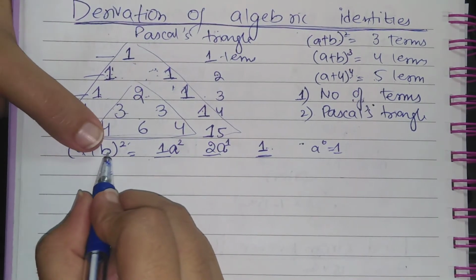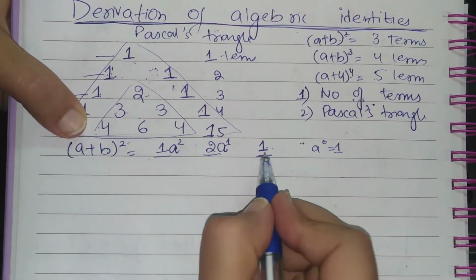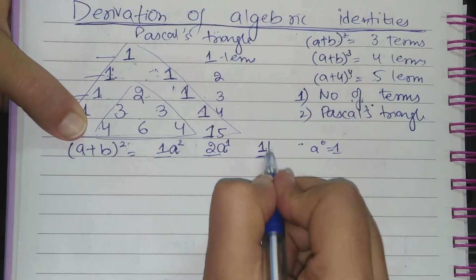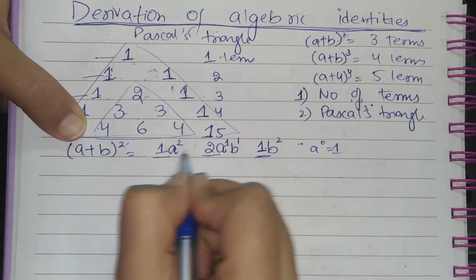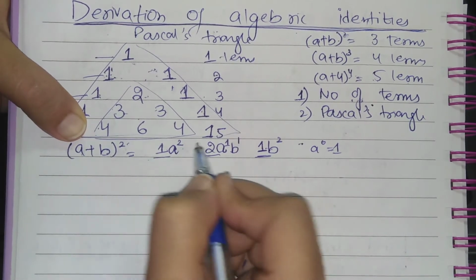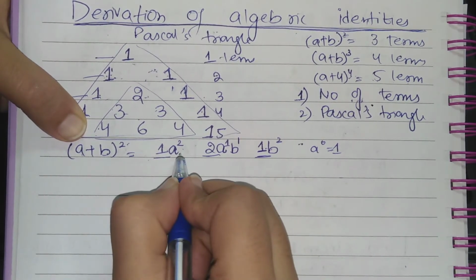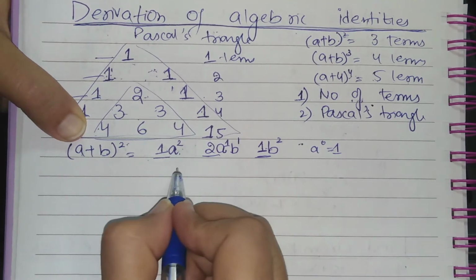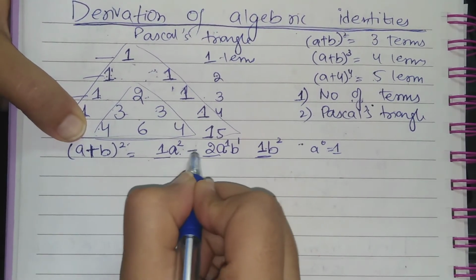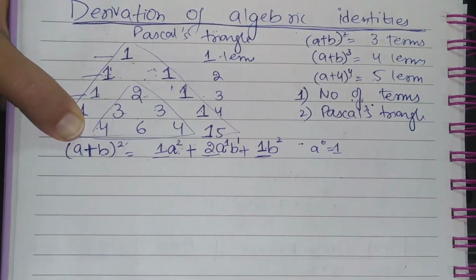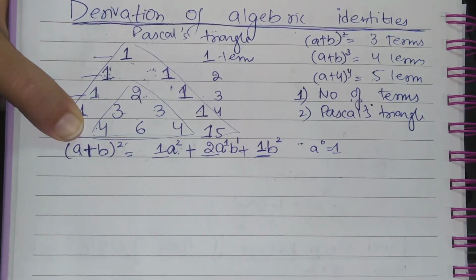Next term is b, second term is b. So from the right side, write down b with the highest power and keep decreasing. So b power 0 will be 1, so there is no need to write b power 0. So how will we write the sign? As there is a plus term, so write down all with plus.